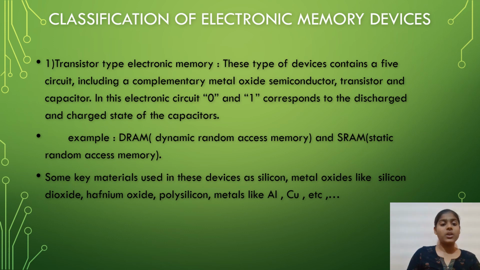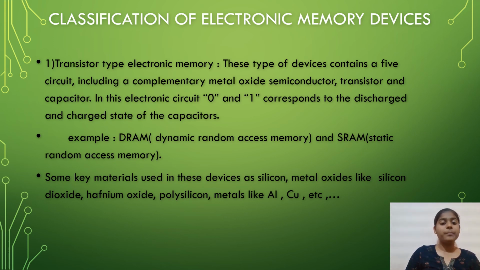Transistor type electronic device memory. These types of devices contain a circuit including a complementary metal oxide semiconductor, transistor and capacitor. In this electronic circuit, 0 and 1 correspond to the discharged and charged state of the capacitors.